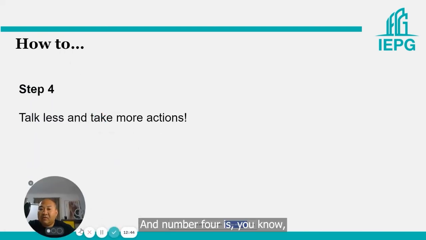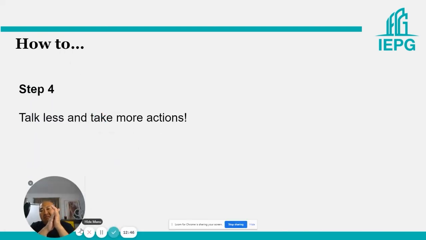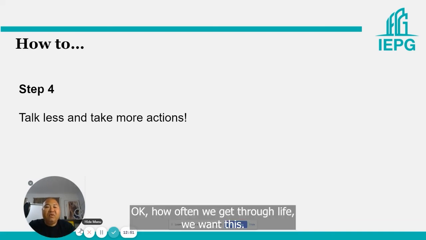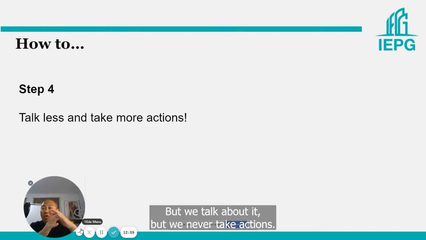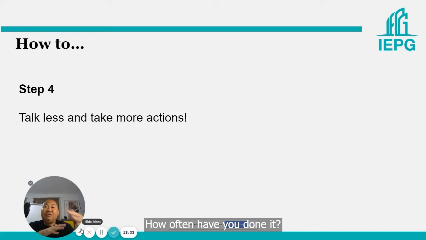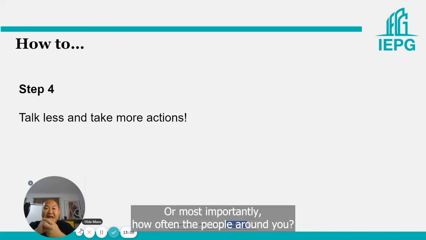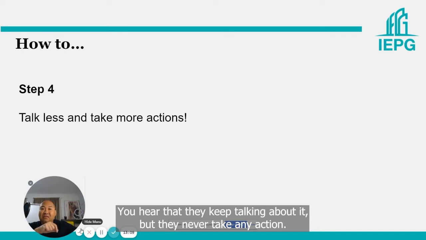And number four is, talk less and take more action. How often in life do we say we want this, we want that, we want the best for our kids, we want the best for our family, but we talk about it and never take action? How often have you done that? Or, most importantly, how often do you hear the people around you keep talking about it but never take any action?